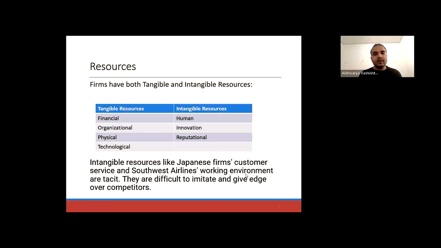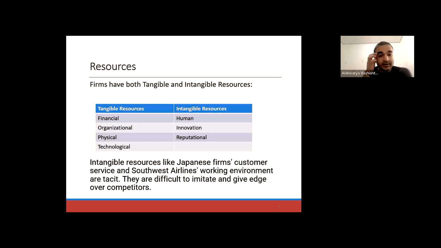So though Southwest is considered one of the cheap or inexpensive airlines, that is not exactly its main competitive advantage because I have observed that Southwest is not always the cheapest option available.